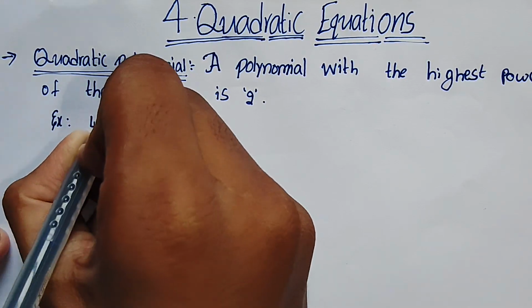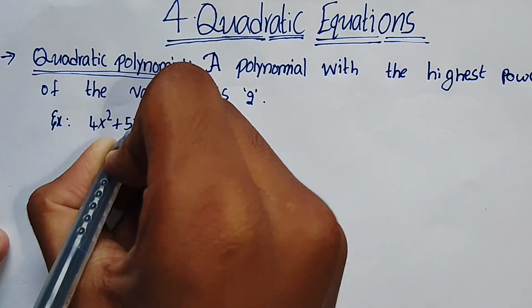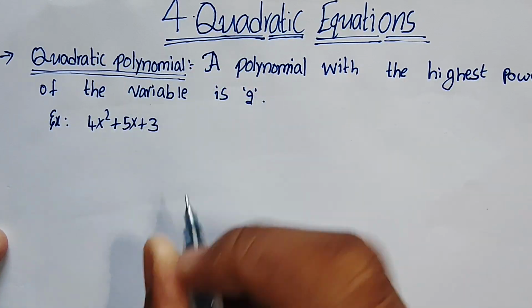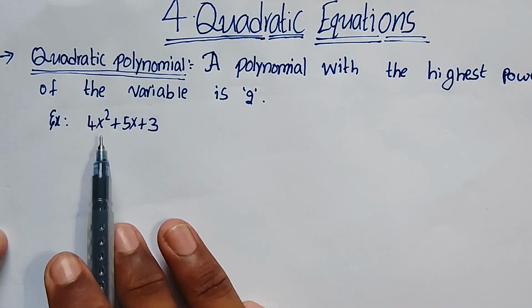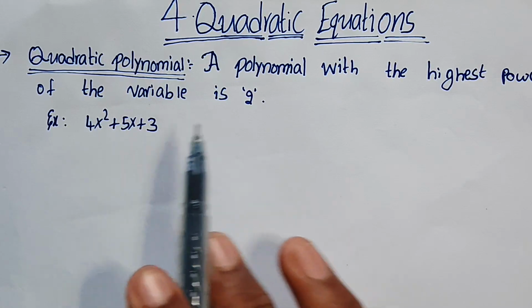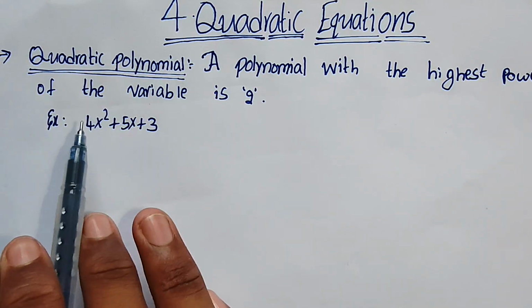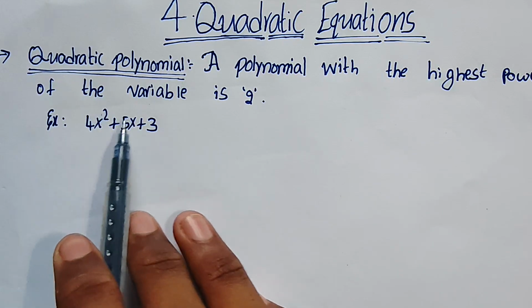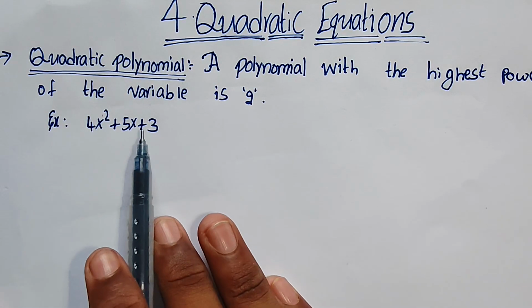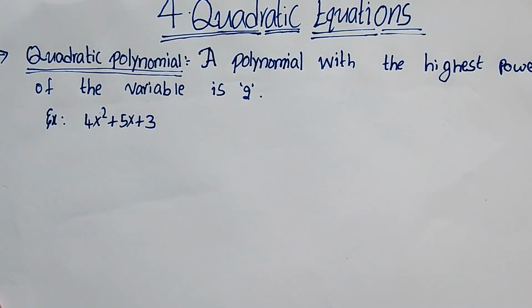Let me show an example here: 4x square plus 5x plus 3. This is a quadratic polynomial because in this polynomial the degree of the highest power is 2. So it is called a quadratic polynomial.